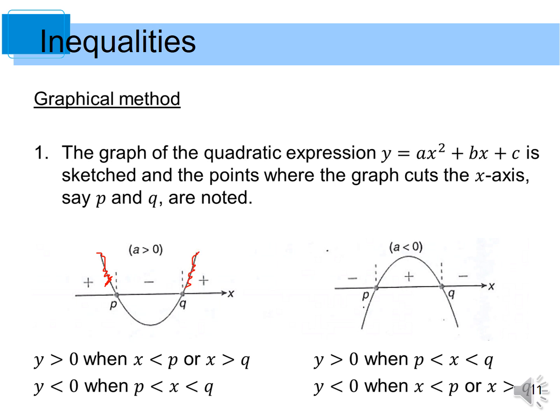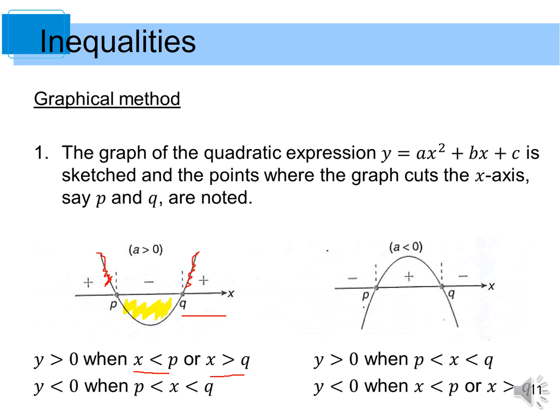So the area here is less than P, and the area here is greater than Q. And for y less than 0, we select the bottom area. So the area here is between P and Q. So this is the answer.